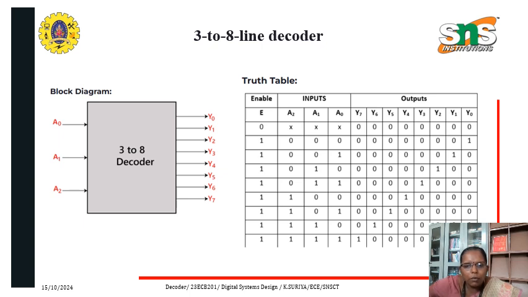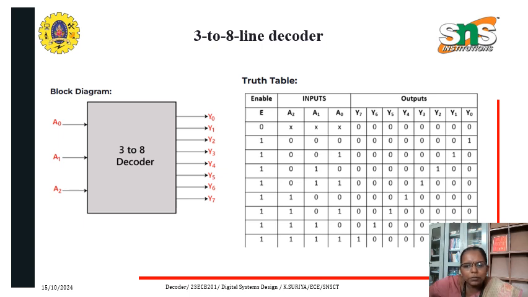The block diagram of a 3 to 8 decoder is shown here where you have 3 inputs A0, A1 and A2 and you have 8 outputs Y0 to Y7 and also an enable input E. When enable input is 0, whatever may be the input combination, output will be 0 for all the 8 output lines.